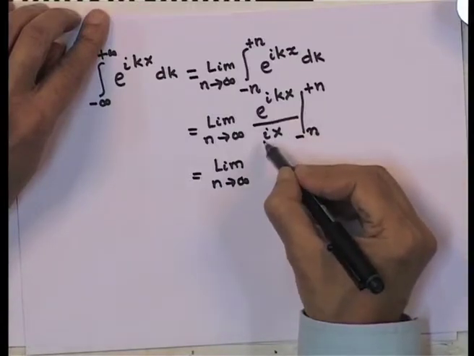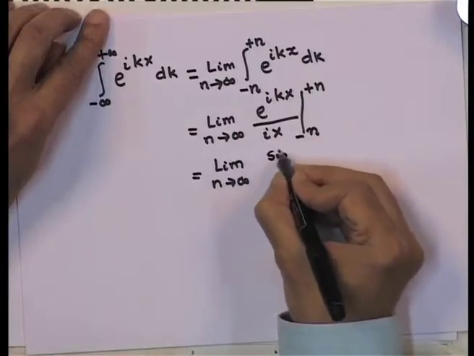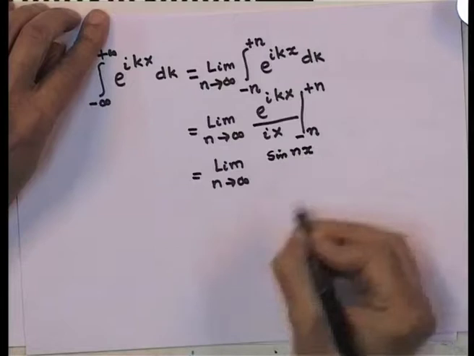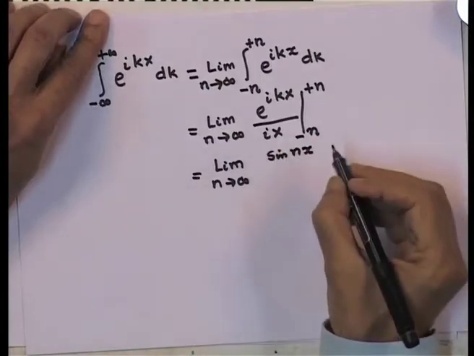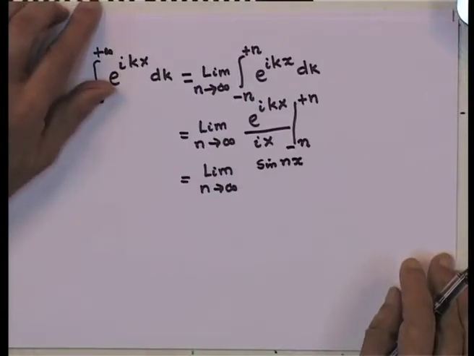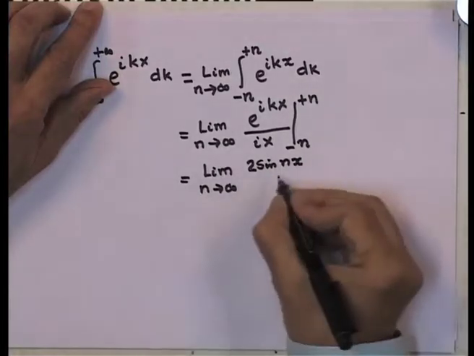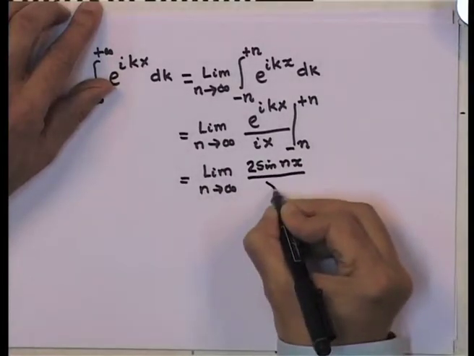If I had another 2 on the denominator, I would get this as sin n x, but because my definition of sin x is e to the power i x minus e to the power minus i x by 2i, I need to multiply it with the 2 and divide it by x.